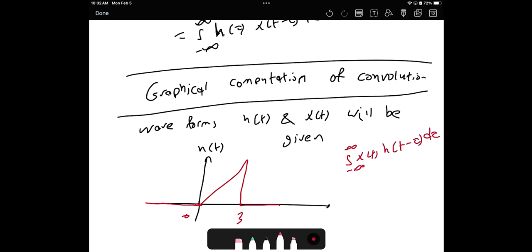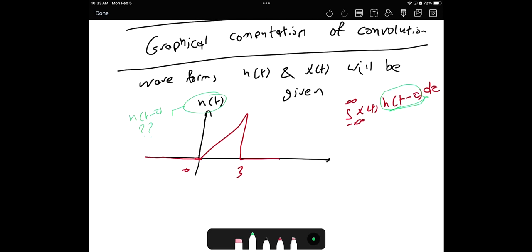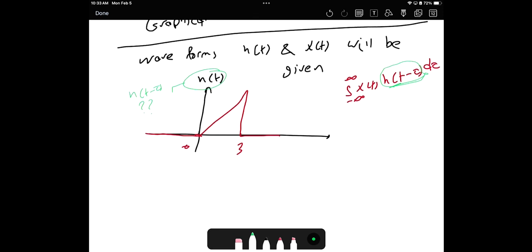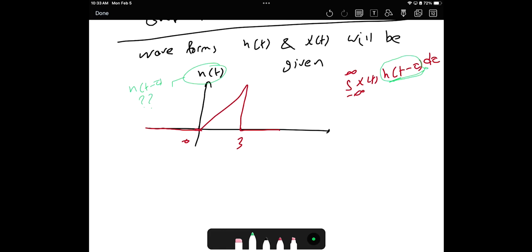So we need to figure out how to find h of t minus tau using the given h of t. So the first step, let's convert h of t to be h of tau.